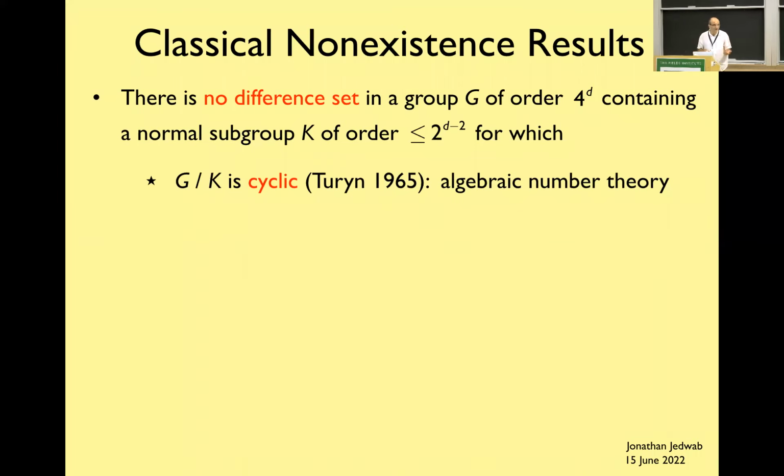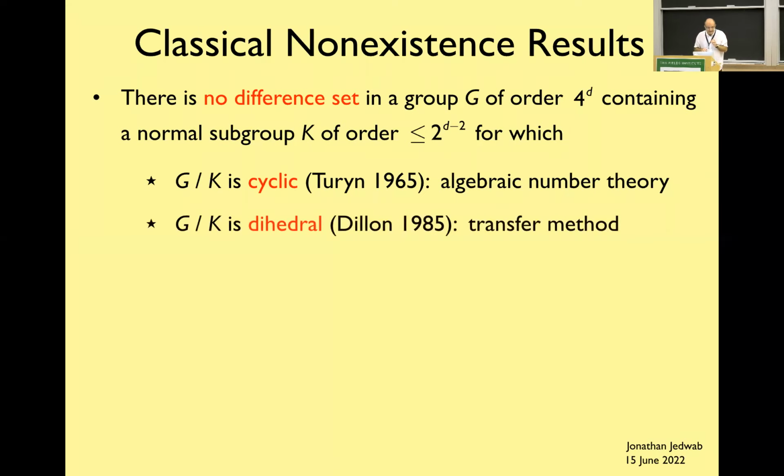That's a result that Turyn proved, using algebraic number theory and applying it to, we'll see later, the group ring equation I showed you before. So Turyn showed that you can't do it with a cyclic quotient that's too large. And Dillon, one of the co-authors, showed 20 years later you can't do it if it has a dihedral quotient that is too large.